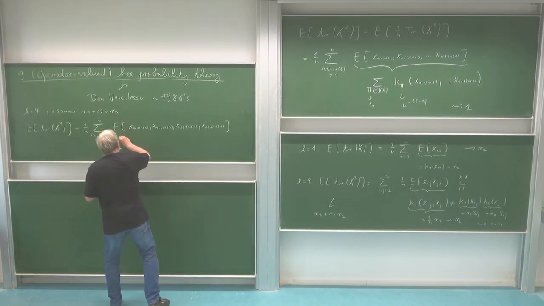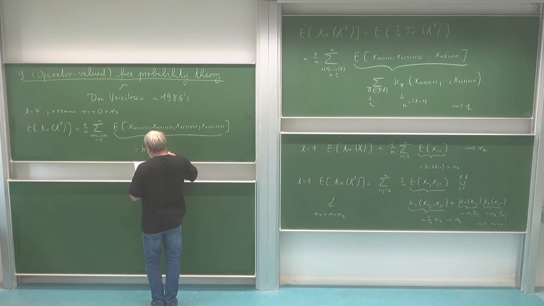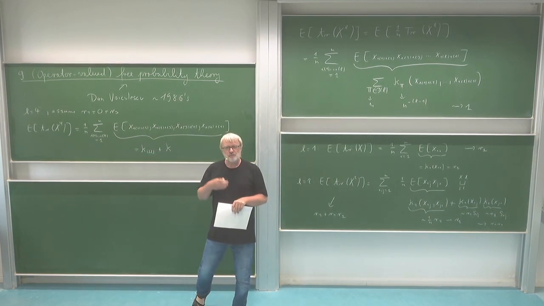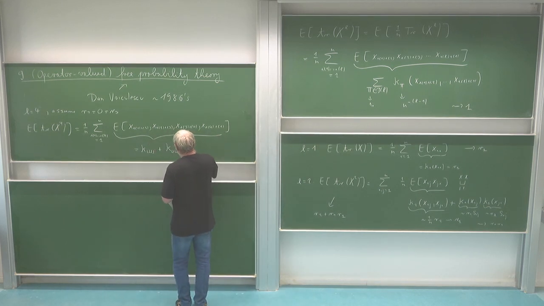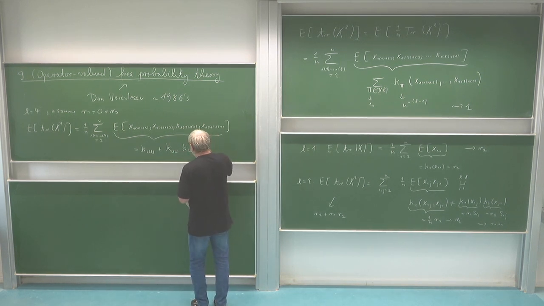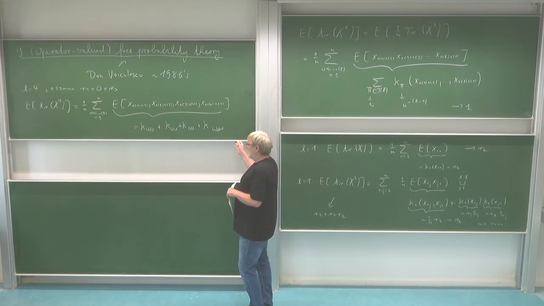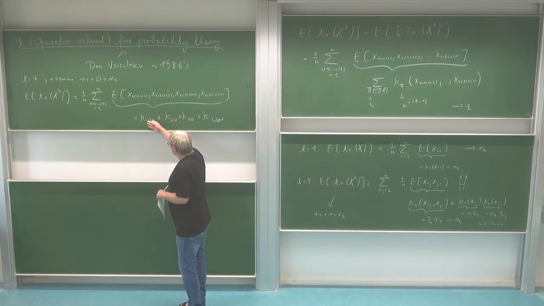So this here, under this assumption, is the same as the cumulant of order 4 plus, and then I have 3 terms. I have 3 partitions where I have 2 blocks of size 2. Namely 1 and 2, 2 and 3 together, 1 and 4, 2 and 3 together, or 1 and 3 and 2 and 4 together. And in the classical world, this gives something.